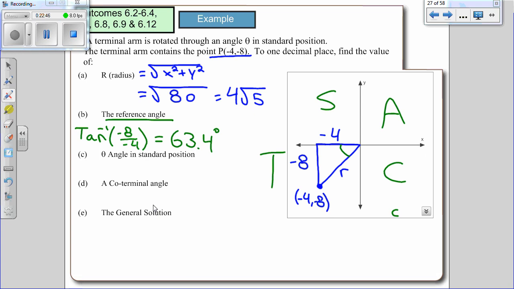And that definition says from the positive x, counterclockwise, until you hit the terminal arm. So that is my standard position theta, which would be 180 plus the 63.4. So 243.4 degrees would be the angle in standard position.